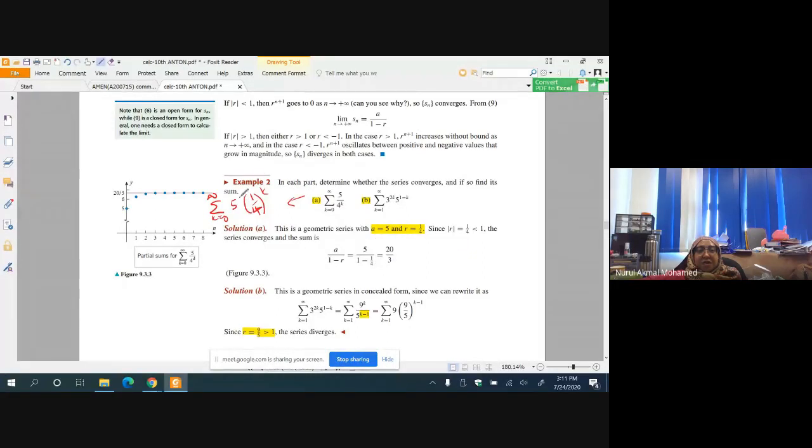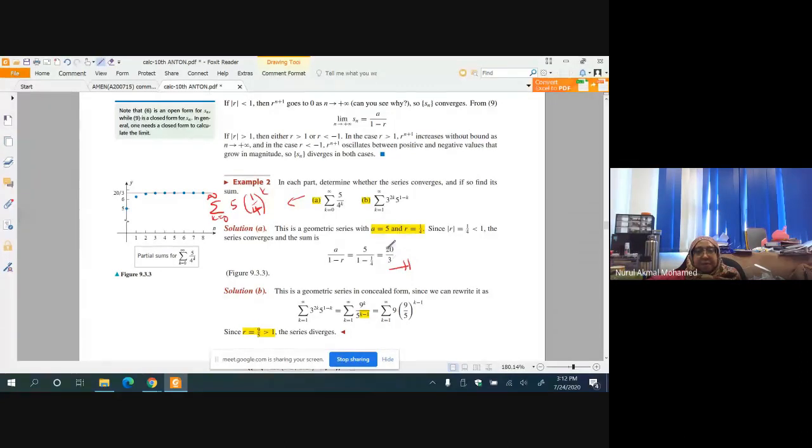So the absolute value of r is 1/4, which is less than 1. From the theorem before, the series converges. The summation is given by a divided by 1 minus r. So a is 5, your r is 1/4, and you can substitute everything and get the answer. This is the value for the summation.